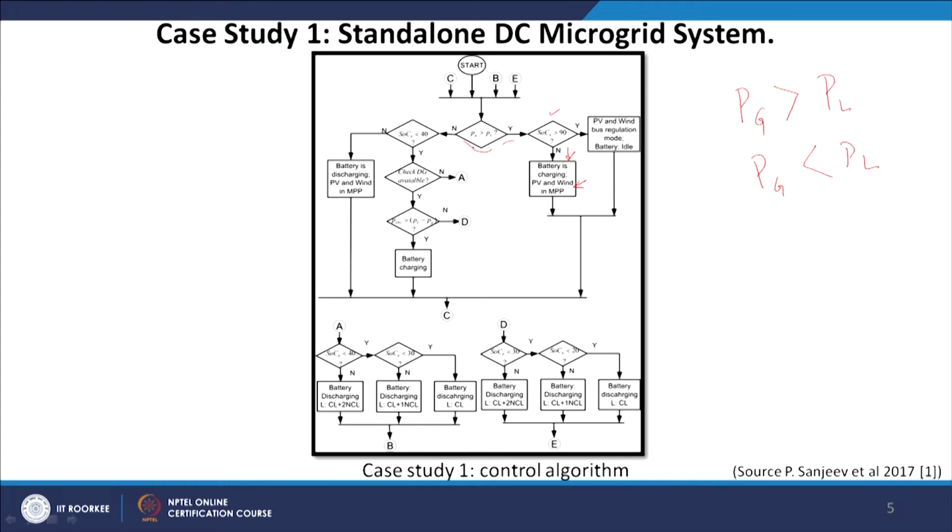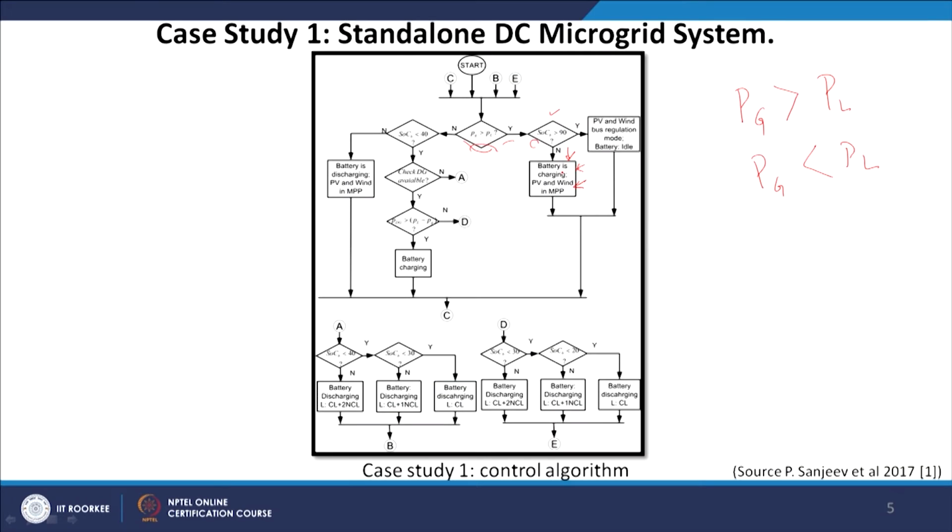Concentrate. If the generation is more than load, I have excess energy. Check whether my battery has been charged up to 90% or not. If it has not, and my generation is more, then I can allow my battery to charge as well as keep on generating. Do not reduce the generation from PV or wind, allow them to operate in MPPT mode.